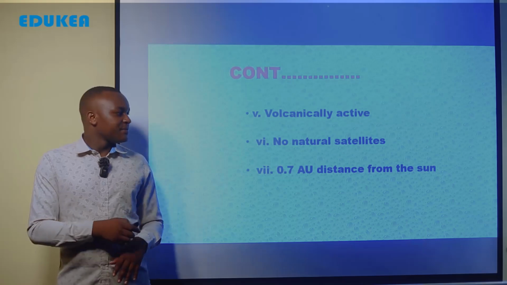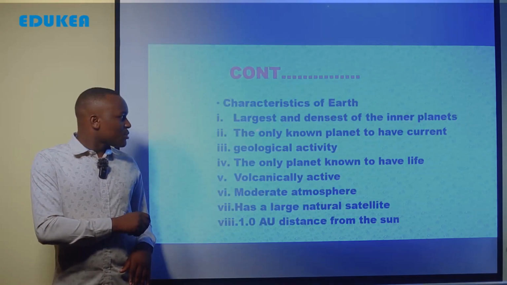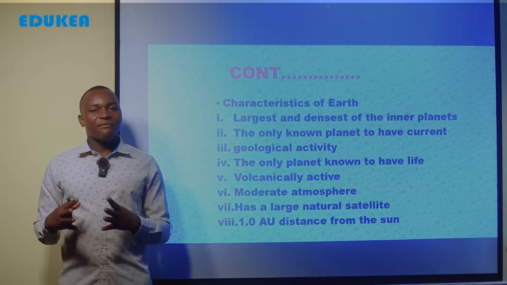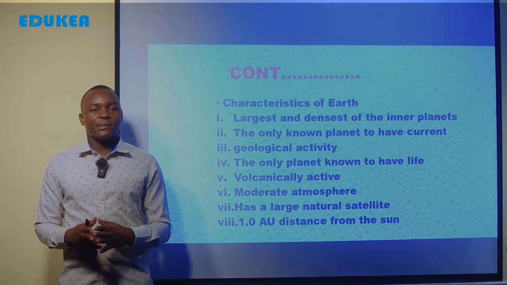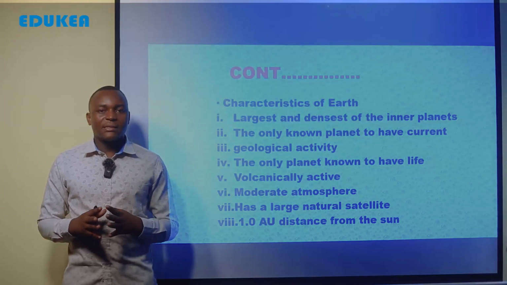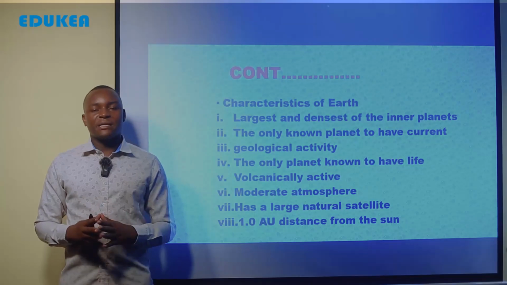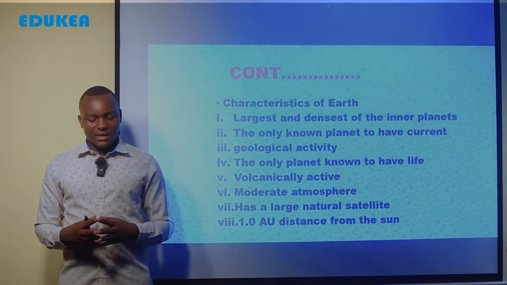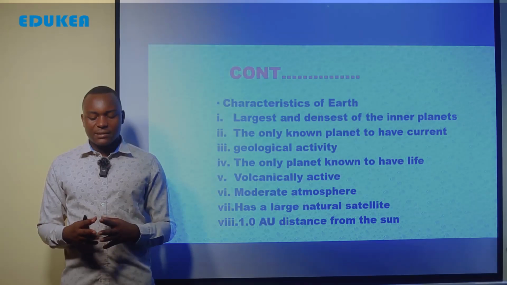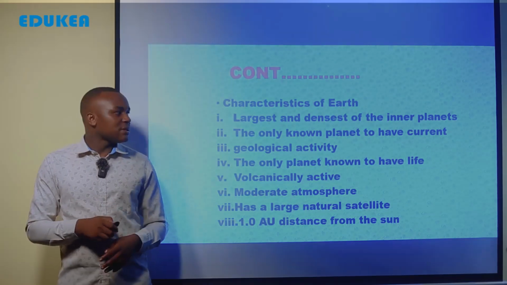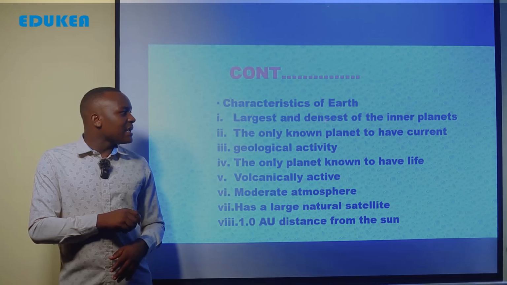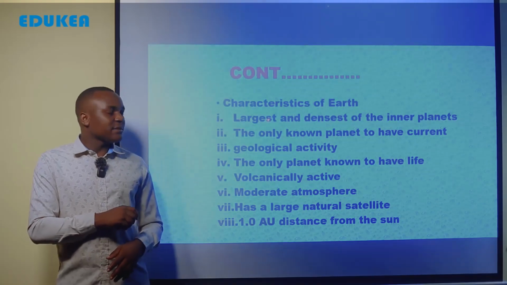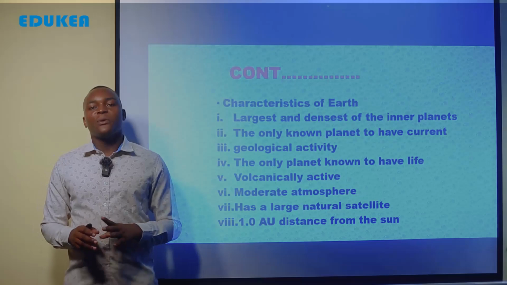So now let's look at the characteristics of our planet, our fantastic planet, the Earth. The Earth is among the 4 inner planets found within the solar system. Its first characteristic is that it is the largest and densest of the inner planets. It is the largest planet as compared to the other inner planets.